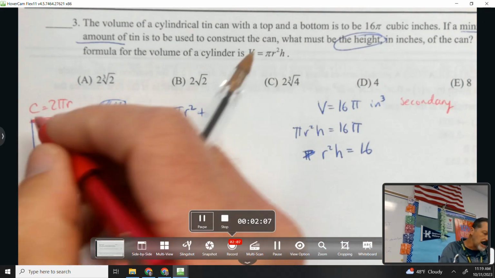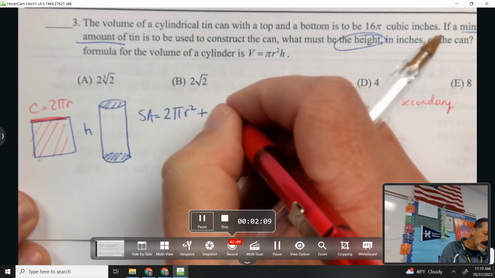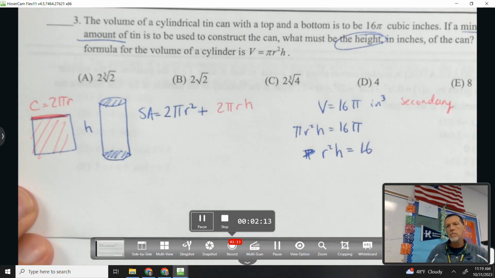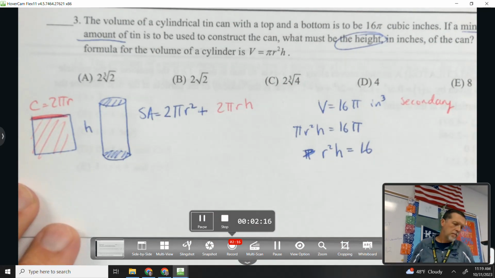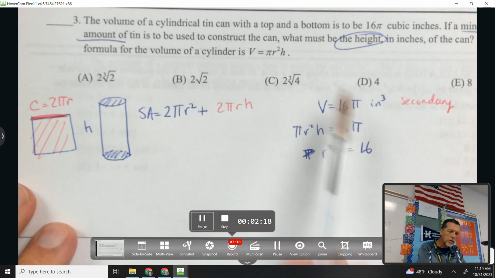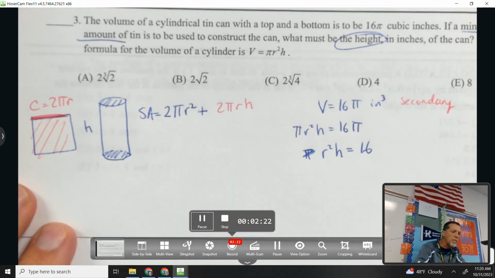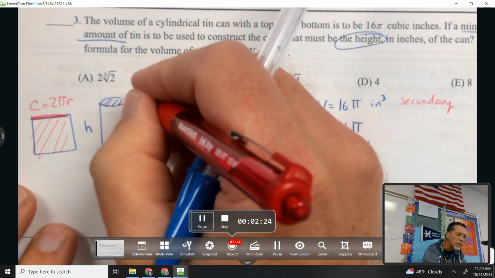So that area then is 2 pi r h. Okay, so volume is 16 pi, got that. Surface area, that's my primary equation because that's what I want to minimize.